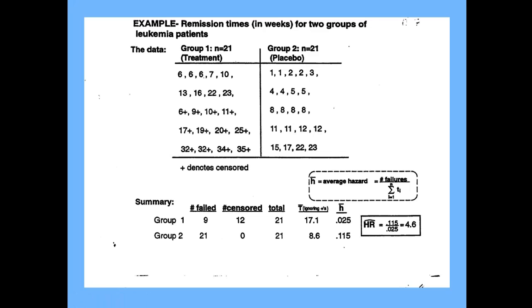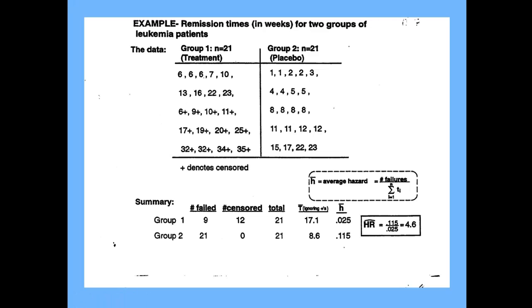A rate has to do with when the outcome is a count, and in this case, the count that we're worried about is the number of people in a given group that went out of remission or that failed. So how many people in group 1 failed? I'm talking about went out of remission.